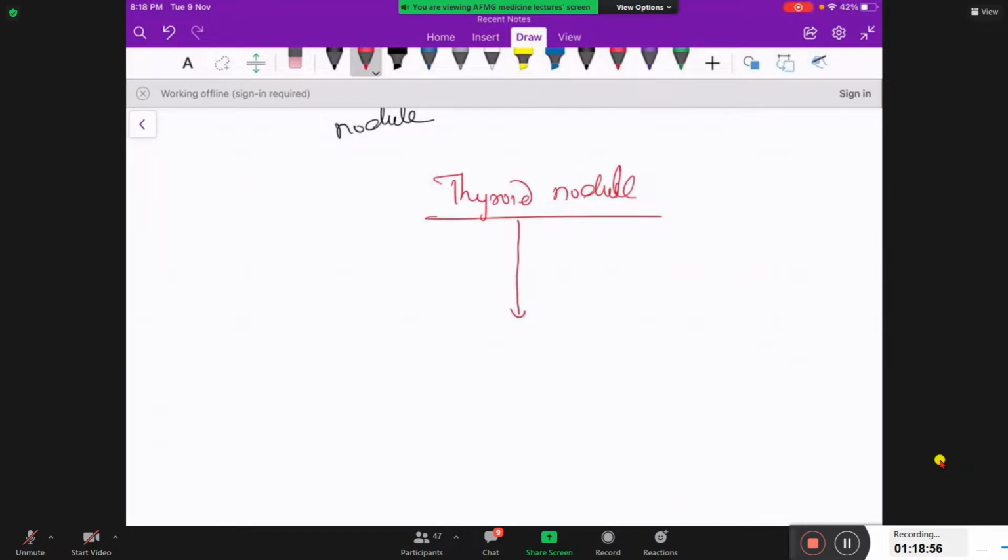Whenever any patient comes to us with a thyroid nodule, as a rule, remember, the next step is biochemical investigation, and that is TSH. Just TSH, nothing else. No T3, no T4, just TSH.